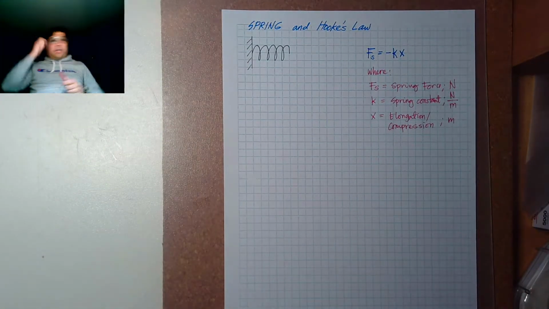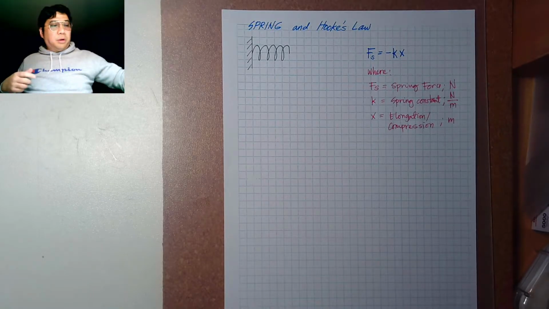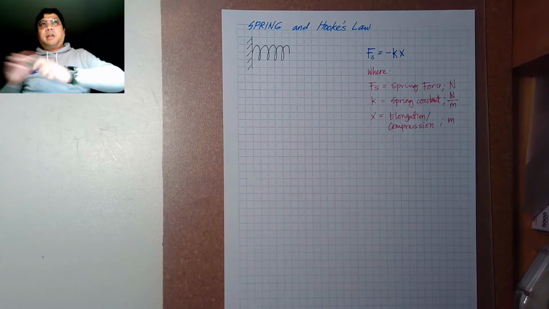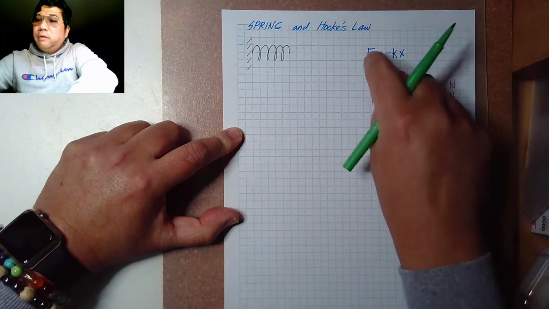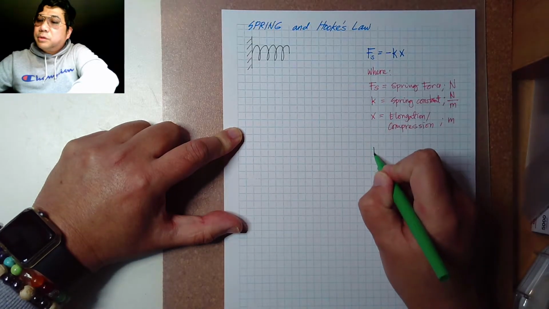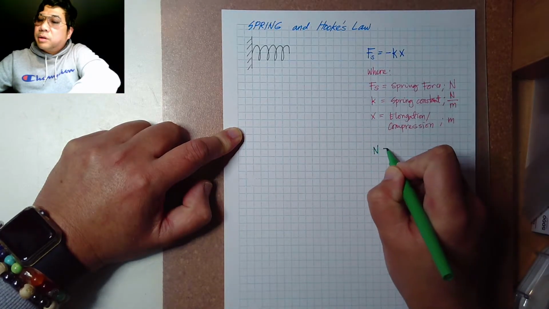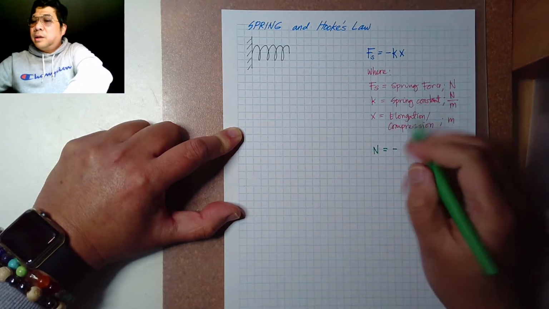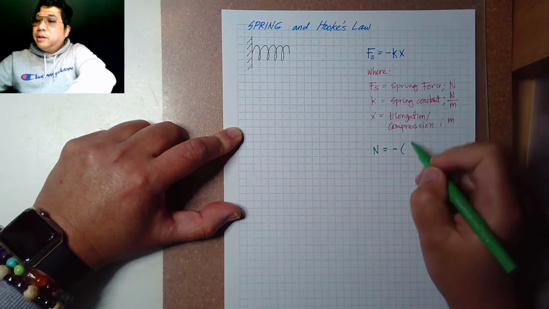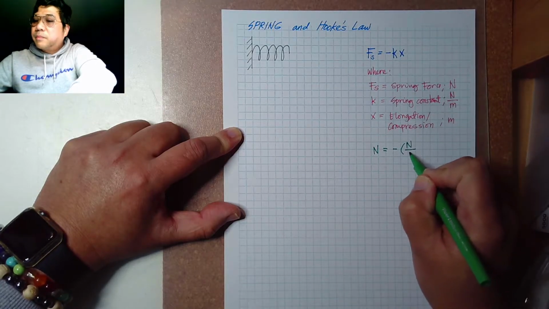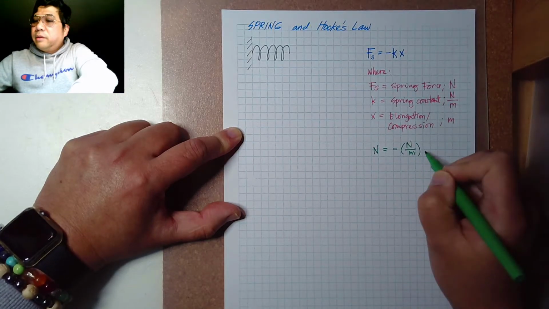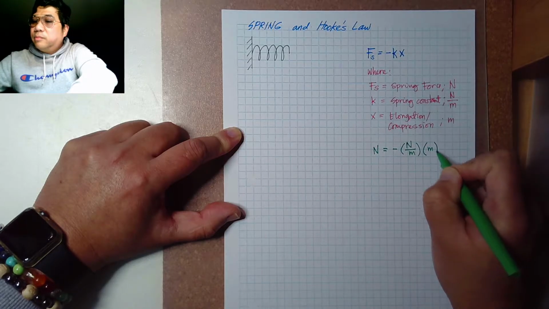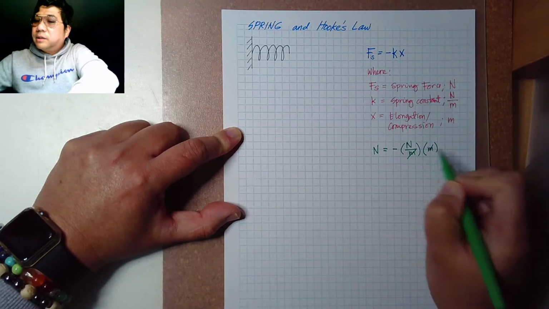Looking at it through dimensional analysis, if Fs is in newtons, and we have negative k multiplied by newtons over meter, and if x is in meters, then the meters cancel out.